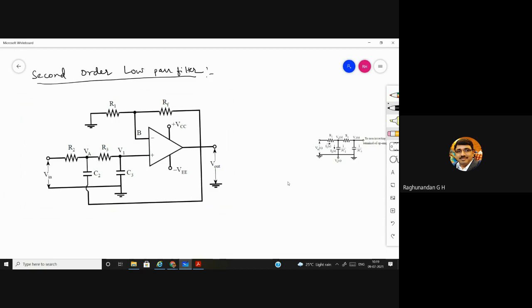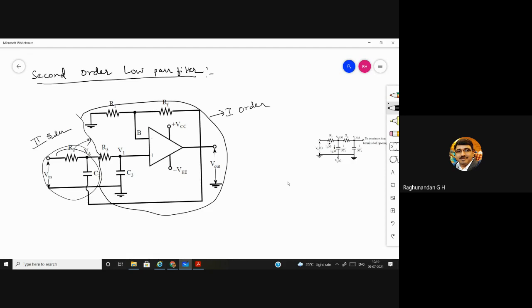This portion of the circuit, whatever we are having, gives you first order. If you add this part to the first order, that becomes second order. Okay, if you have one RC, it is first order. If you have two RC, it is second order. The operation remains same.